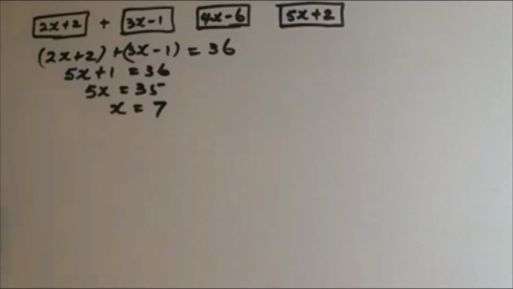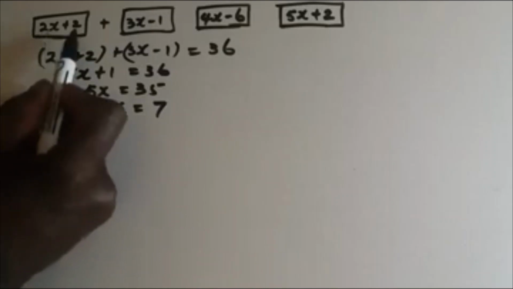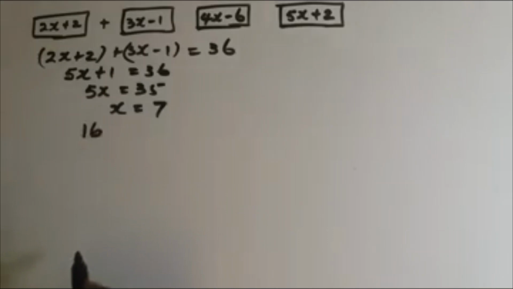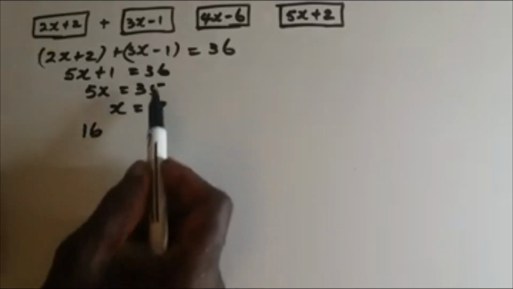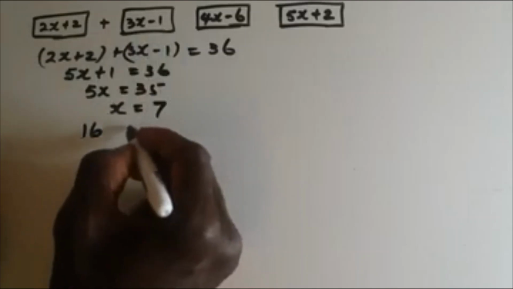So now we can go ahead and find out what these numbers are. It'll make it a lot easier for us to work out the value of the median. So the first number, 2x add 2 will be 7 2's 14, add 2, which is 16. Then next here is 7 3's are 21 minus 1 gives us 20.